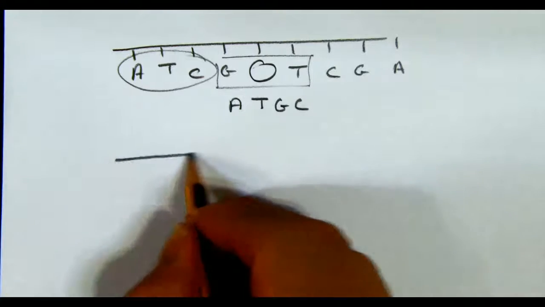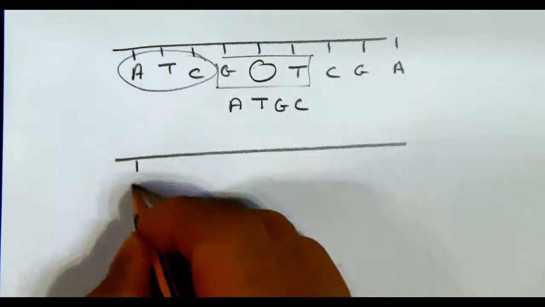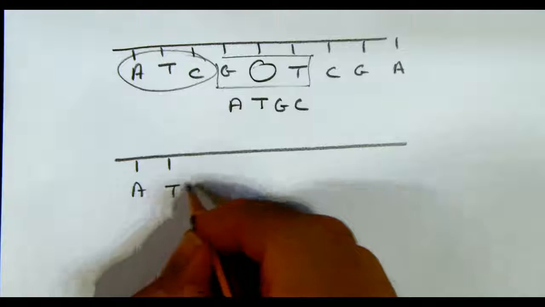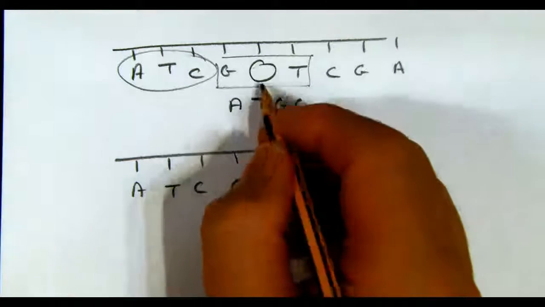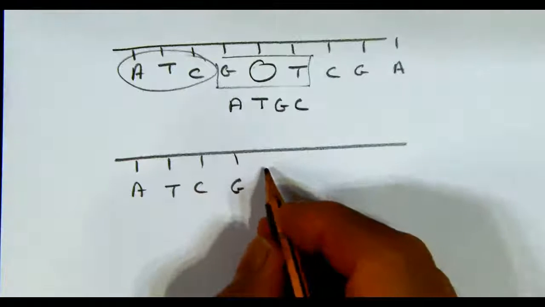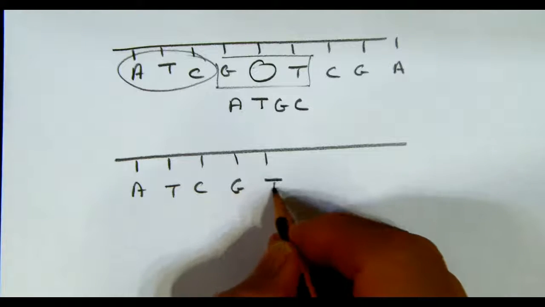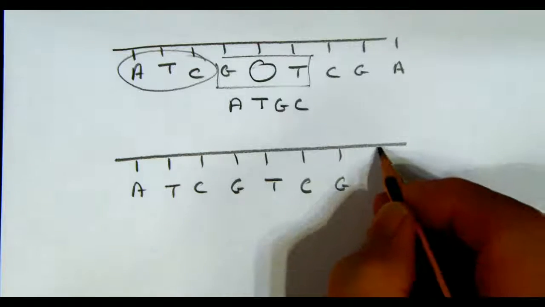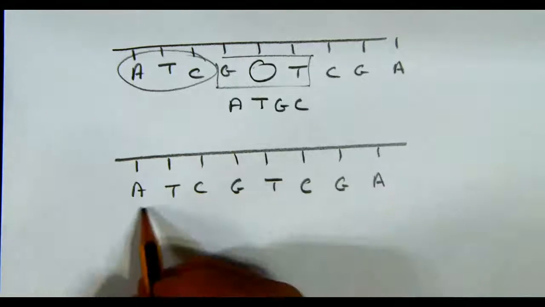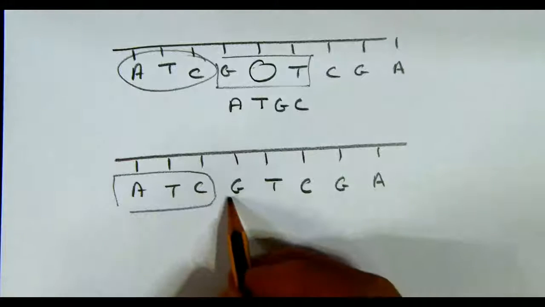Our final option would be that with this sequence, something happens and this one is lost. So my next one comes along and is just the same as it was before. This is my original amino acid.